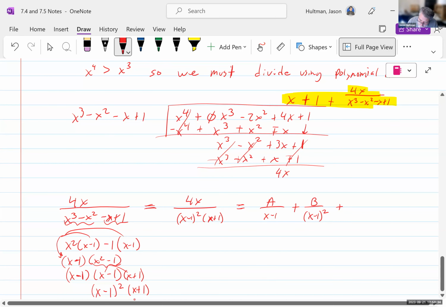And so we have to account for each power. If it was cubed, I'd have another term that would have been cubed. It would have been 1, 2, and then 3, all the way up to the multiplicity that we have. And then we have this single factor of x plus 1.